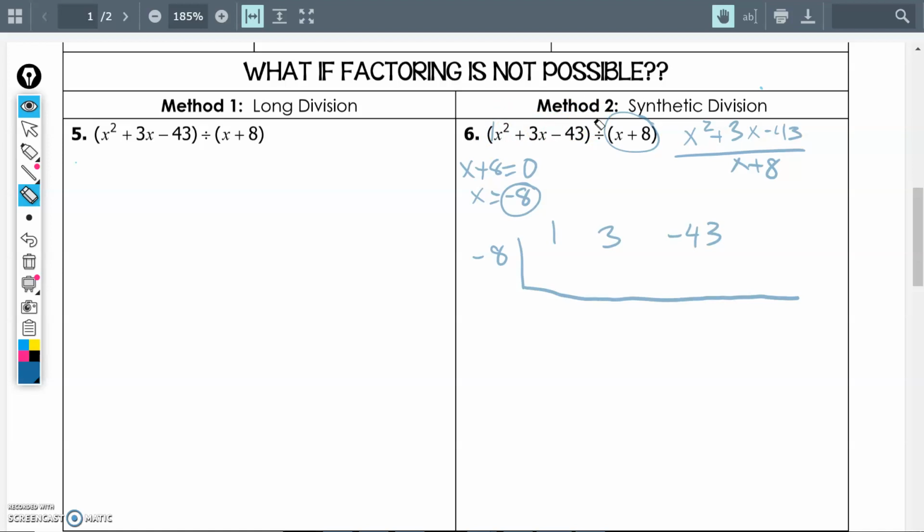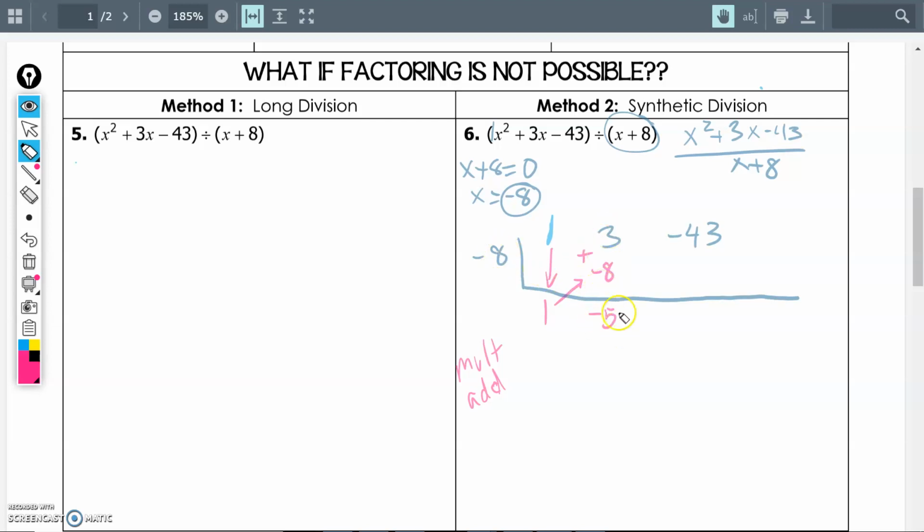Let's go back to synthetic division. What you do is you drop the first number down. So you have your 1 here, and we're going to drop it down. Then it's just going to be multiply, add, over and over again. We're going to multiply 1 times negative 8, put that here. Then we add to get negative 5.